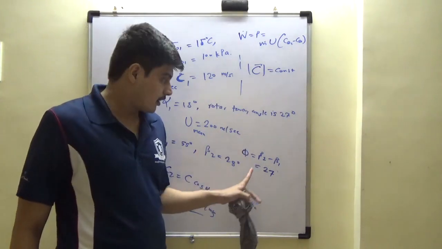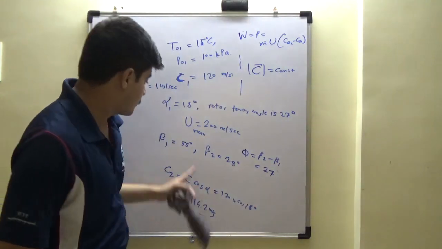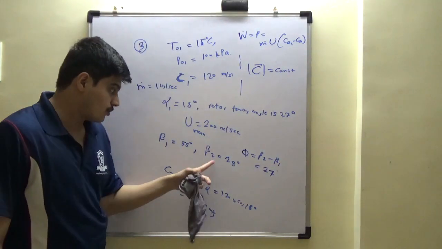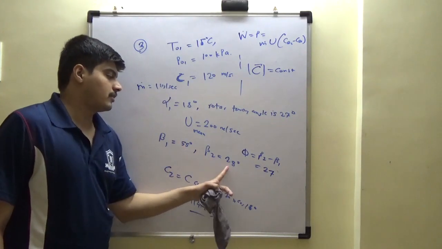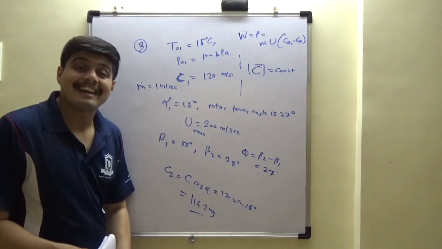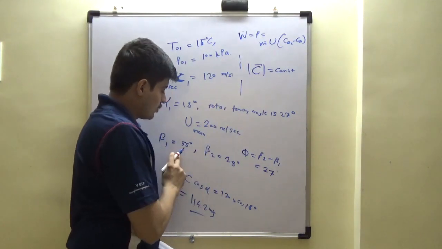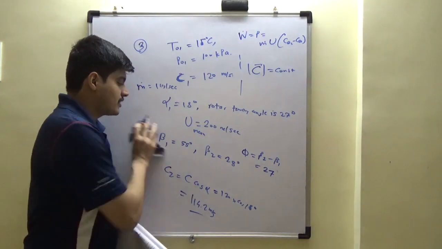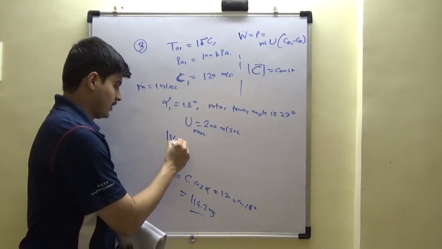We have been given the turning angle with respect to the blade, the design of 27, which means beta 1 minus beta 2 is 27. Given beta 1, your beta 2 is 28. So, since the information provided tells me beta 1 and beta 2, I can now substitute this like this.